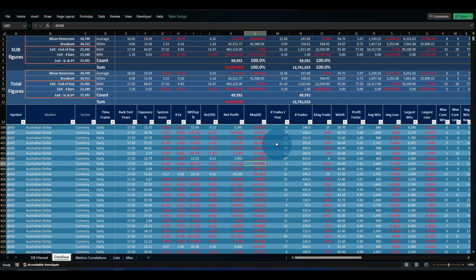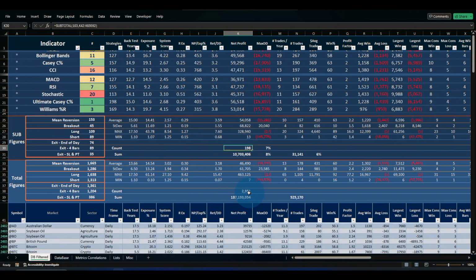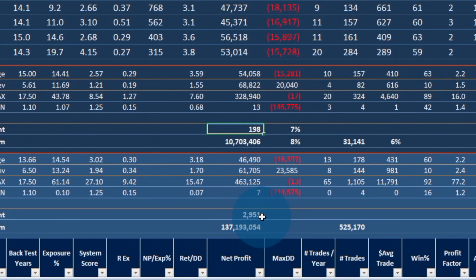So first of all, let me show you the current database I have, which is about 22 indicators. In total, we have about 70,000 strategies with more than 13 million trades. So it's a huge database. And out of that, we have about 3,000 strategies that pass the robustness filter, with about 500,000 trades.